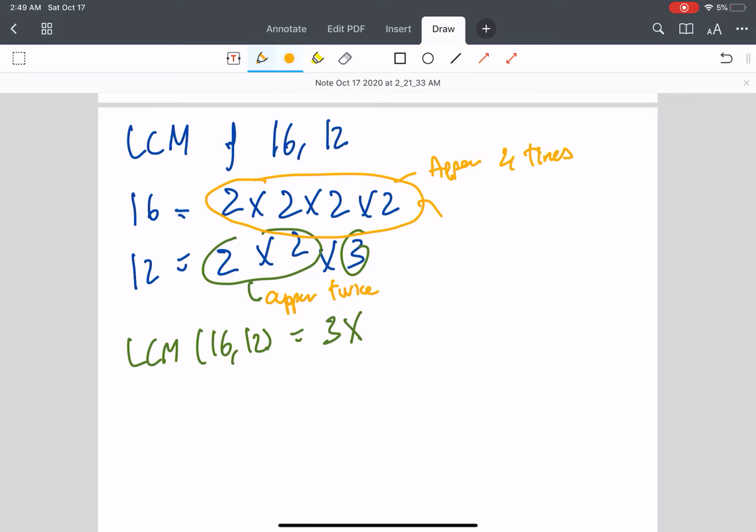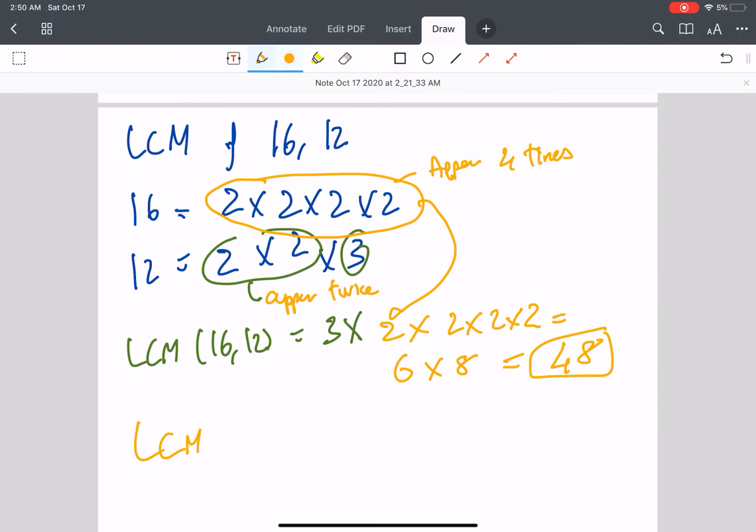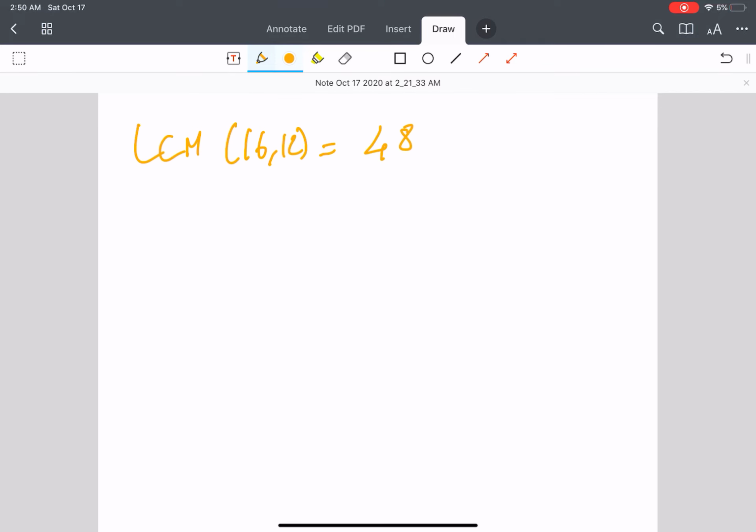So we will take these 4 twos and put them in the LCM. It'll be 2 times 2 times 2 times 2 times 3, which is 6 times 8, equal to 48. So the LCM of 16 and 12 is equal to 48.